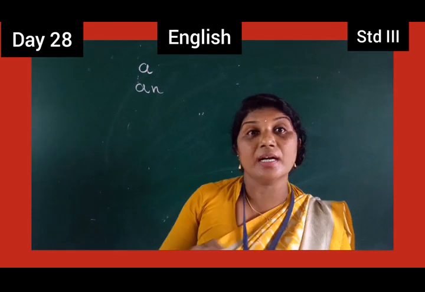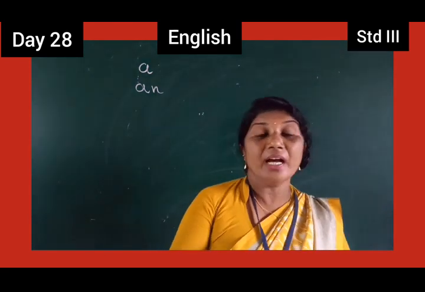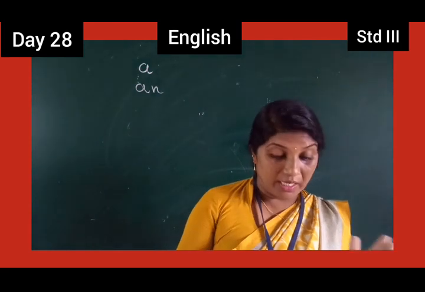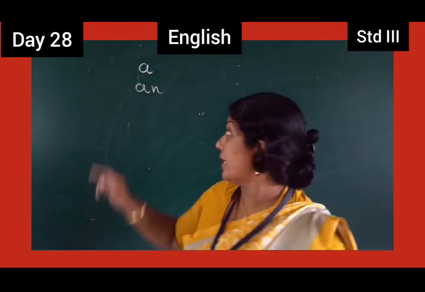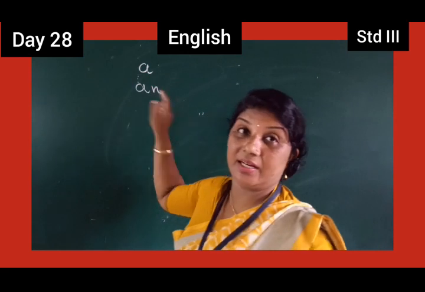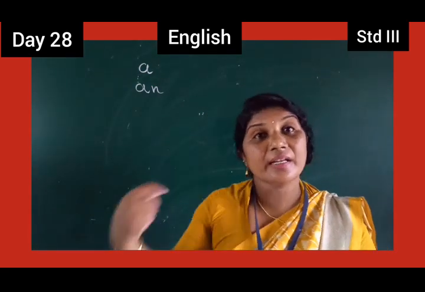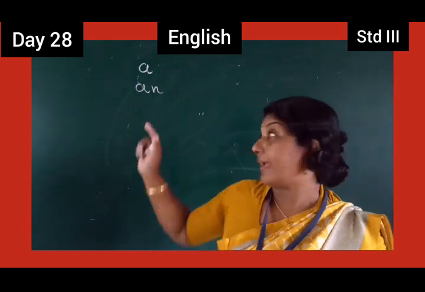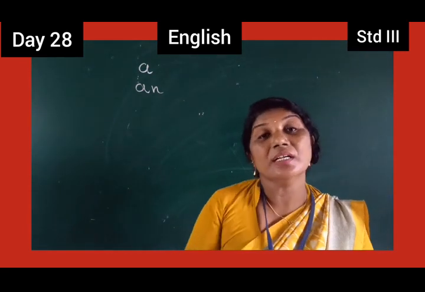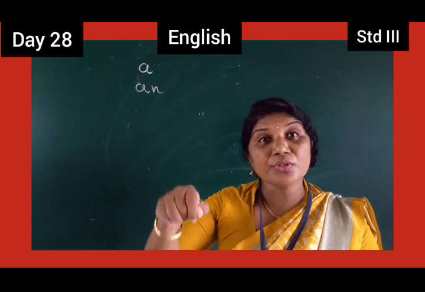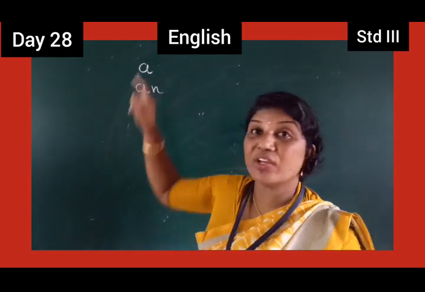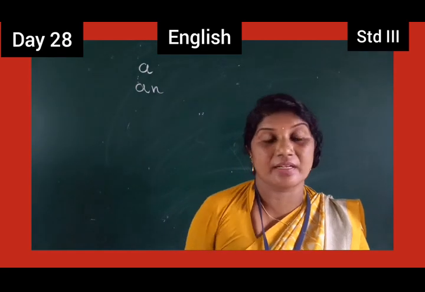We use an before the vowels, in front of the word beginning with vowels. So here a and an are indefinite articles. We use an before vowels. We use a in front of the word beginning with a consonant.